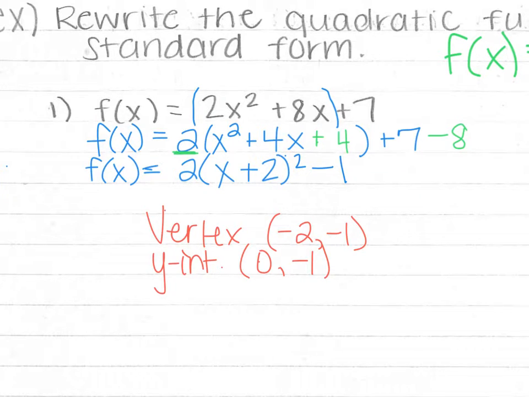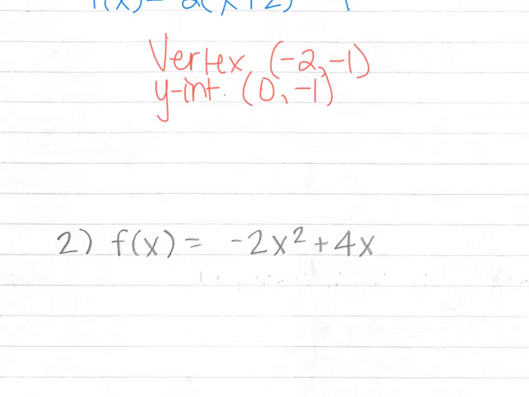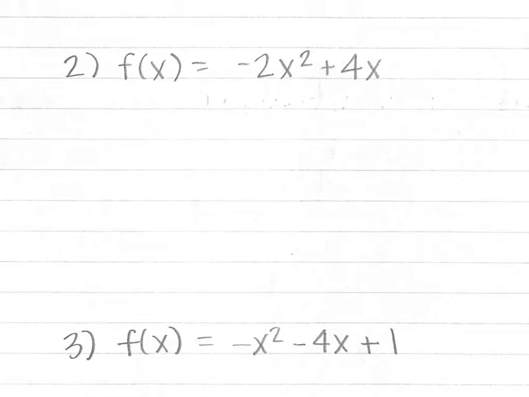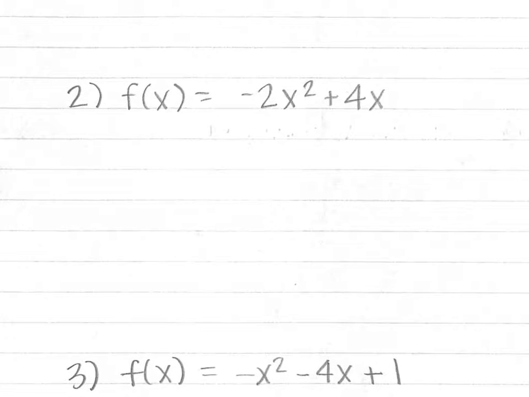Let's take a look at a few more examples. So number 2, we have f of x equals -2x squared plus 4x. Here, all we want to do is factor out that 2. But I'm going to factor out a -2 because remember, we want to have a positive x squared.